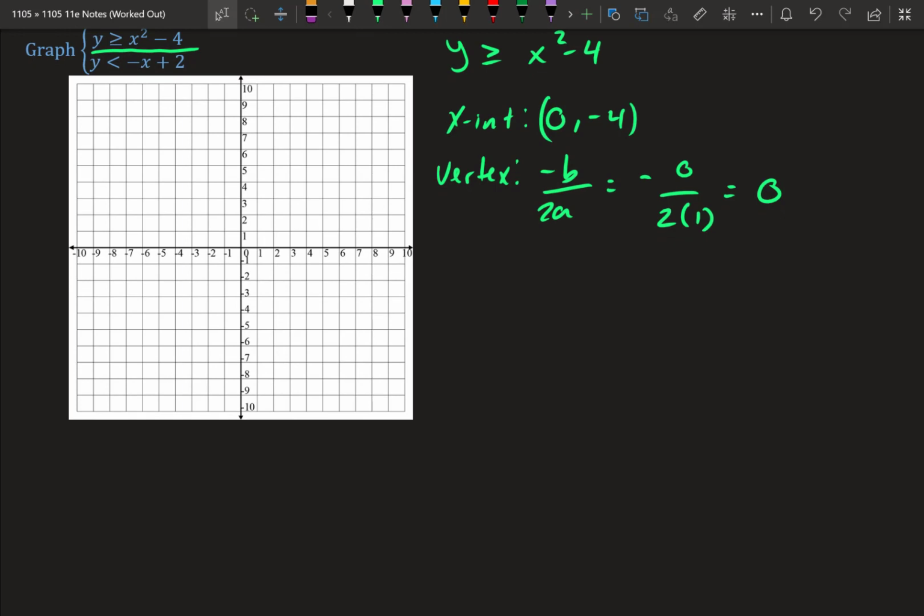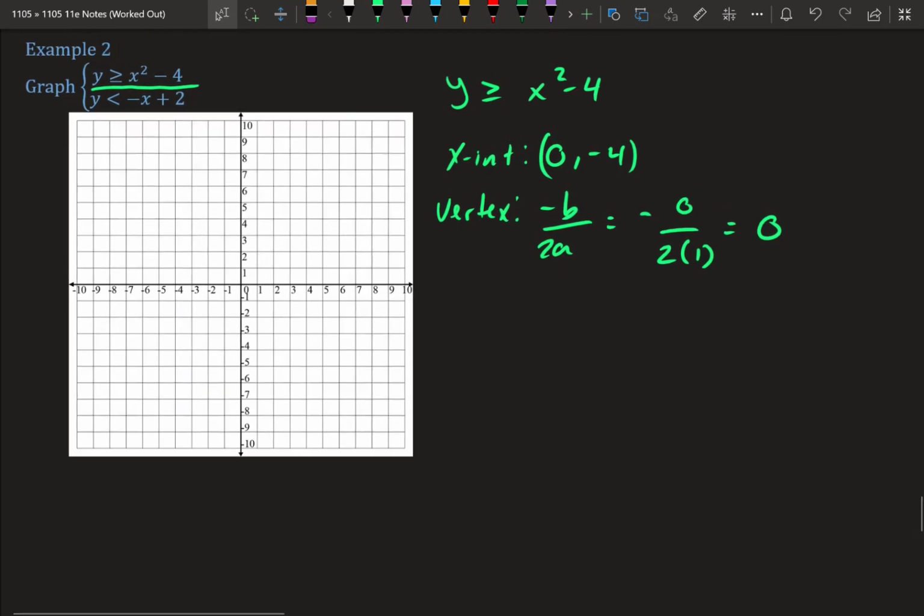And then we find the y of the vertex, so we're going to plug it in. Although, isn't this x equals 0? You notice we already have that. So let's plug it in. We have y equals 0 squared minus 4, which is just -4. So the vertex is 0, -4.